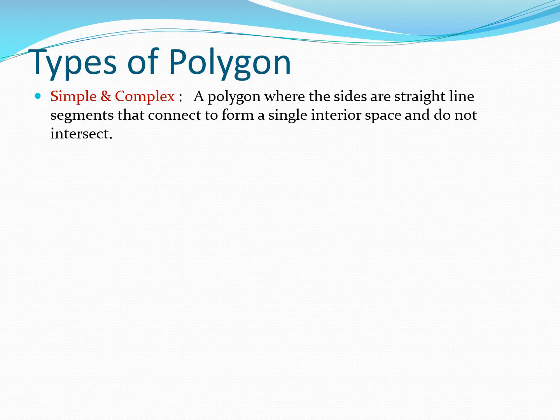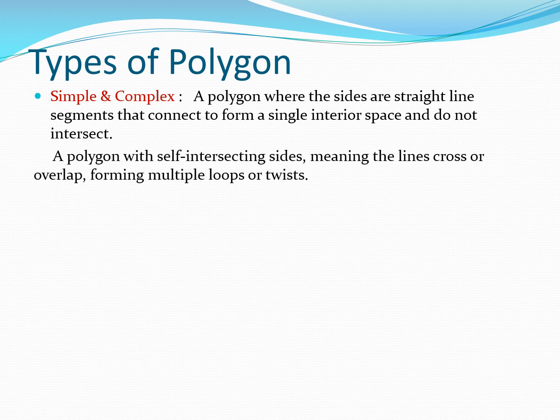Simple means the sides are straight line segments that connect to form a single interior space and do not intersect. It simply uses lines to make a polygon. It should be a closed loop, and these lines are not intersecting each other.